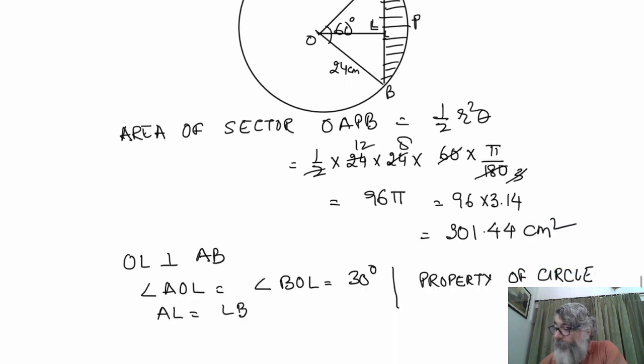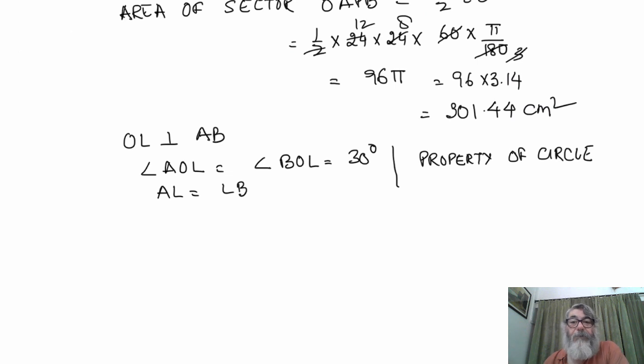This we will be doing later also. I won't be doing it in class 11, you already did it in standard 10, that if a perpendicular is dropped from the center of the circle to a chord, it bisects the chord and also it bisects the vertical angle.